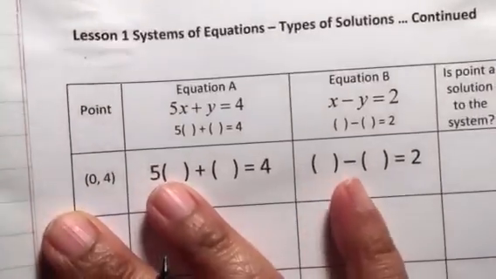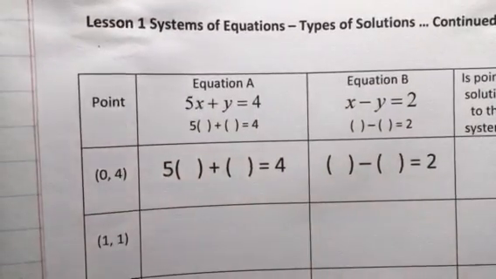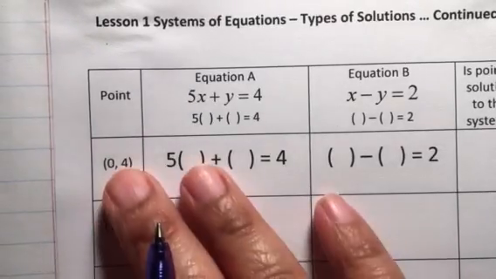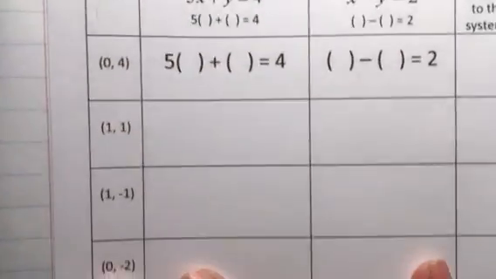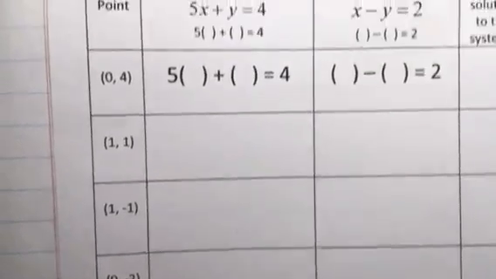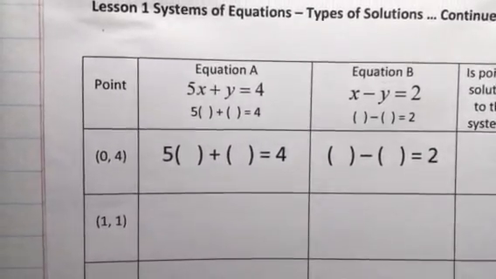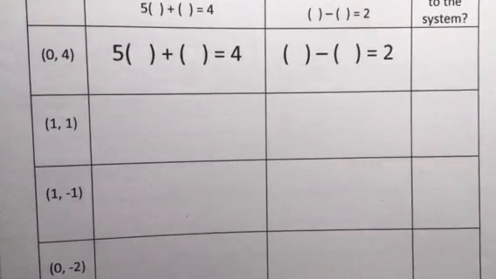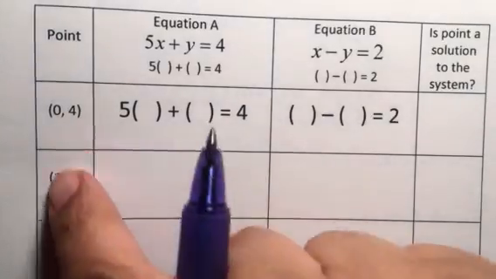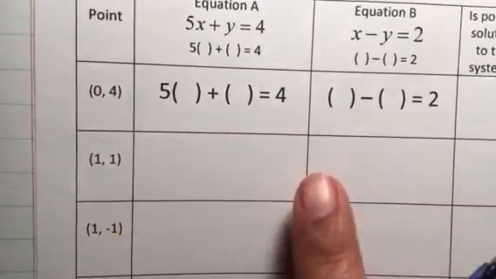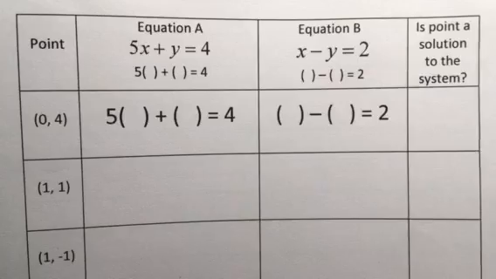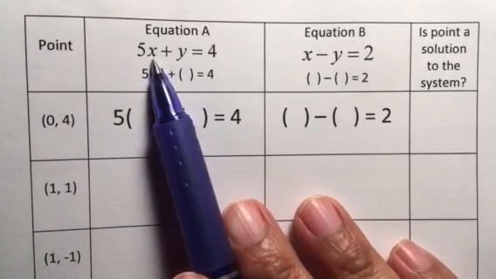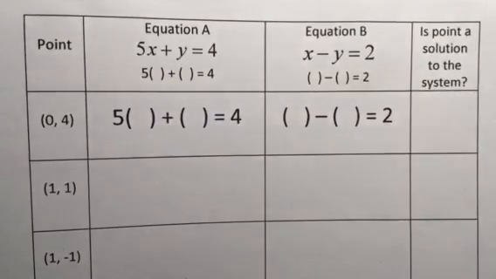This is page 4, and we are going to talk about whether or not points are part of the solution. It's asking us to tell whether or not these 4 points on the side are a solution to the system. What we're doing is plugging in the x and the y where they belong.